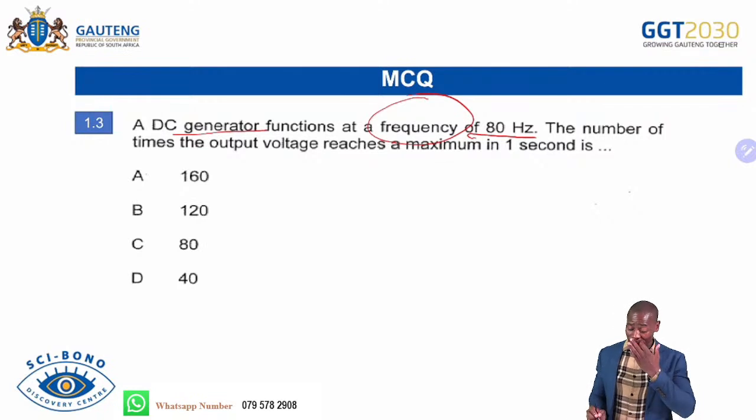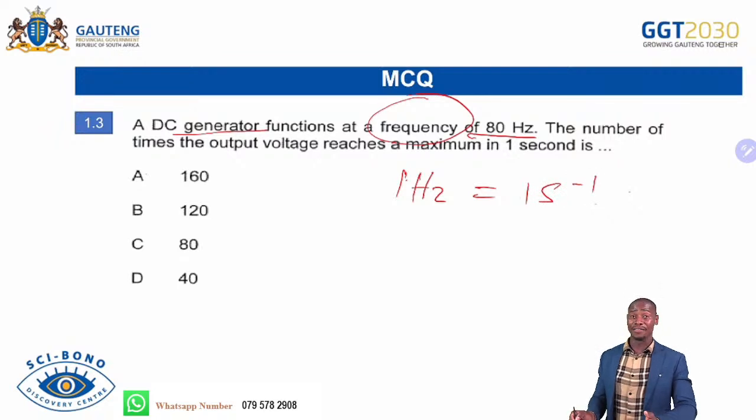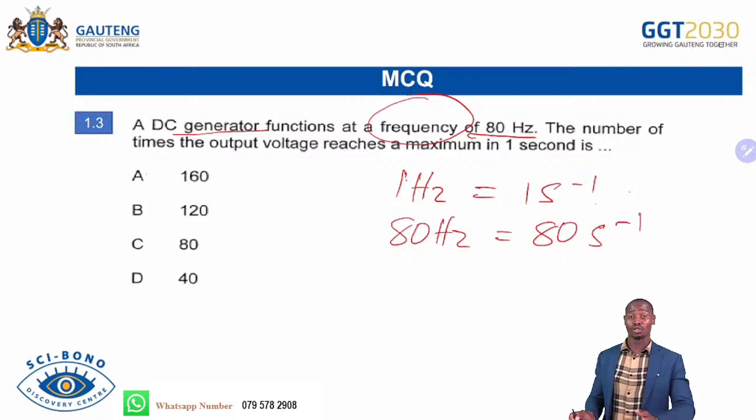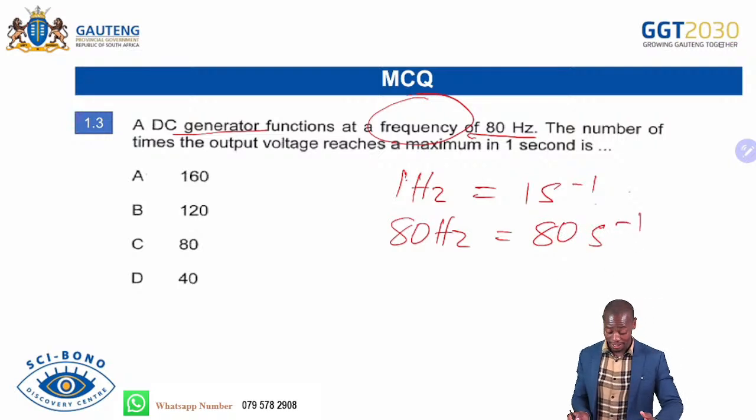Which means that if you have 1 hertz, this is equivalent to 1 wave per second, or 1 vibration per second, right? If you're having 80 hertz, this is equivalent to what? To 80 per second, which is going to be what? 80 waves per second.